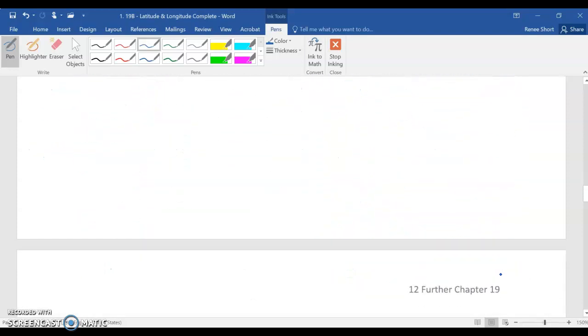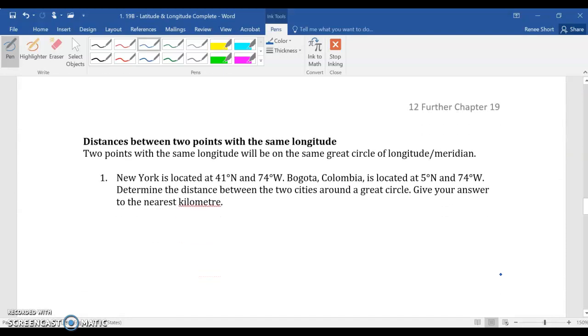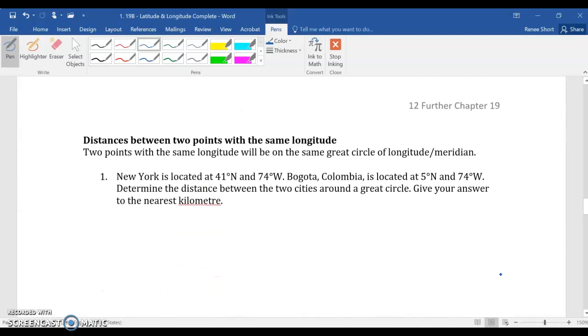If we scroll on down here, the next section then gets us to find the distances between 2 points with the same longitude. So if they have the same longitude, it means they'll be on the same great circle or on the same meridian, okay? Longitudes can also be called meridians.